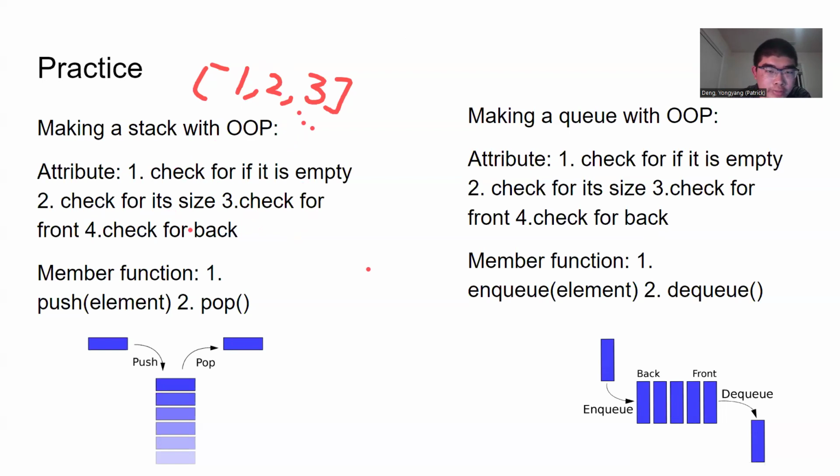And check for the front, check for the back. And the member functions are to push the element inside and pop it out. So we say LIFO, which means last in, first out. The last one coming to that stack will be popped out first, will be removed first in the data structure.